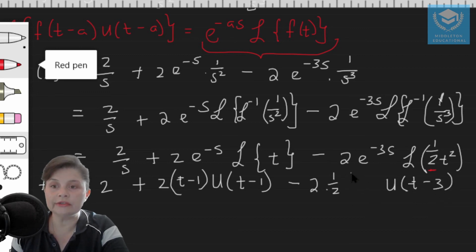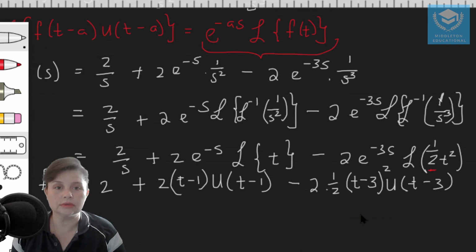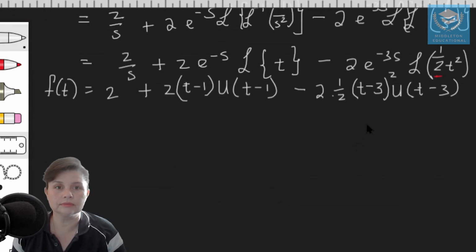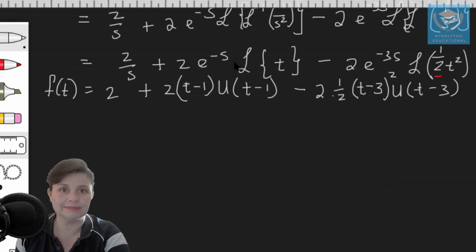The function in front of it is going to be a squared function, and inside it is t and the shift. And that is what your function is going to look like, the inverse Laplace transform in terms of the Heaviside step function.